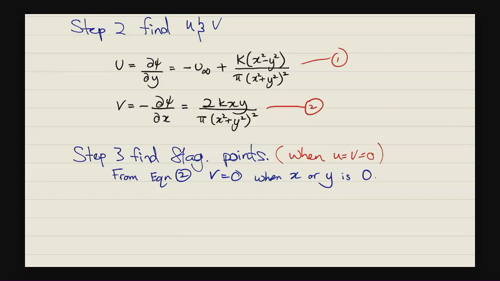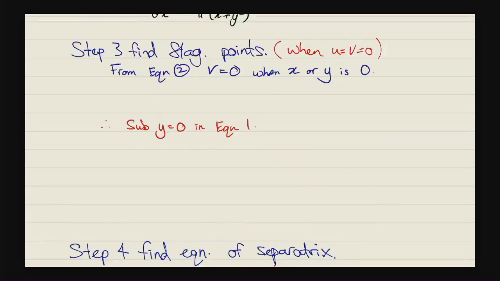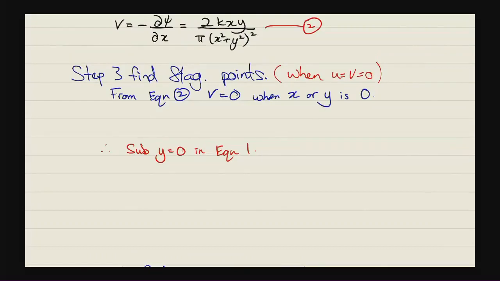And I'm going to substitute y equals 0 into equation 1. So I'm going to get 0 equals negative u infinity plus k over pi x squared.